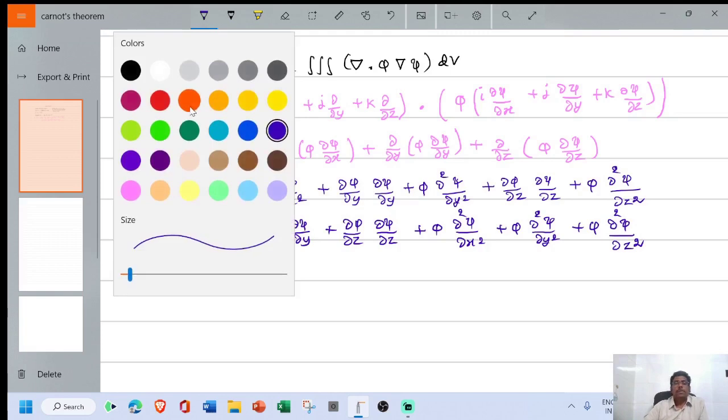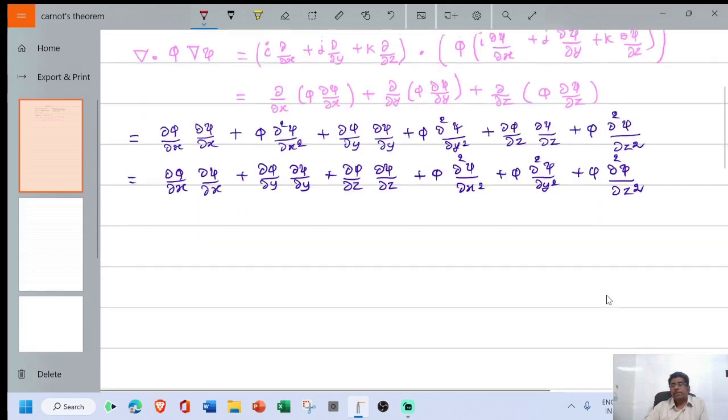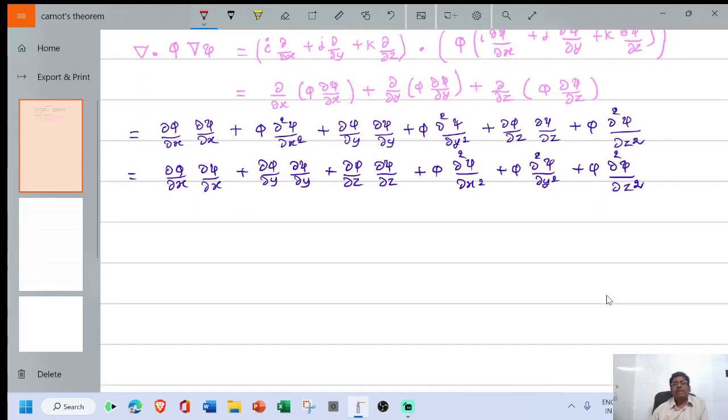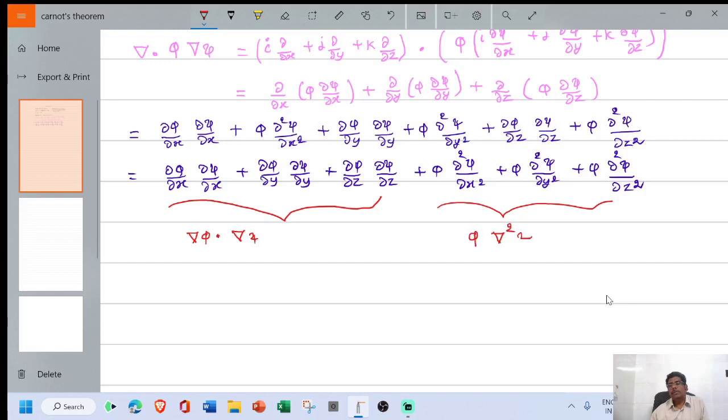Now we may replace the first three terms with the help of grad phi dot grad psi, and then the last three terms by means of phi del square psi.